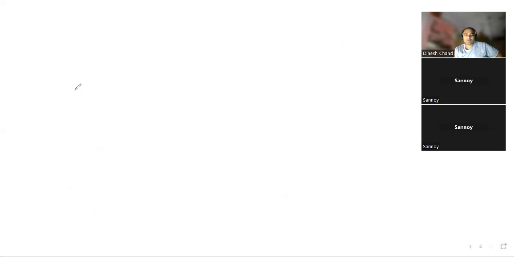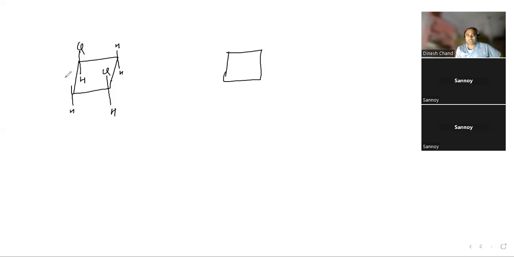One more example I am giving you. Try to tell me. Suppose this is Cl and H, and here again Cl and H. At the remaining places there is no change, it is HH, and here also HH. Similarly, in the other compound, this is Cl, this is H. Here is H, this is Cl.